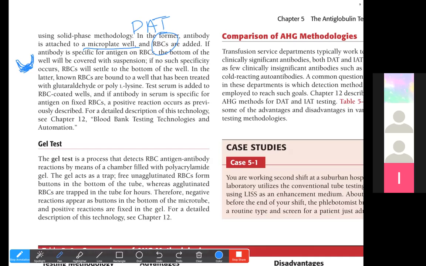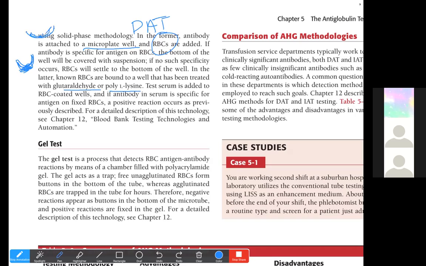In the latter, known RBCs are bound to a well that has been treated with glutaraldehyde or poly-L-lysine. So, test serum is added to the RBC coated wells. So first of all we have the wells which are coated, and then when the RBCs are added, they will line these wells if they are specific for the antibody antigen on the RBCs. Otherwise the RBCs will settle to the bottom of the well.